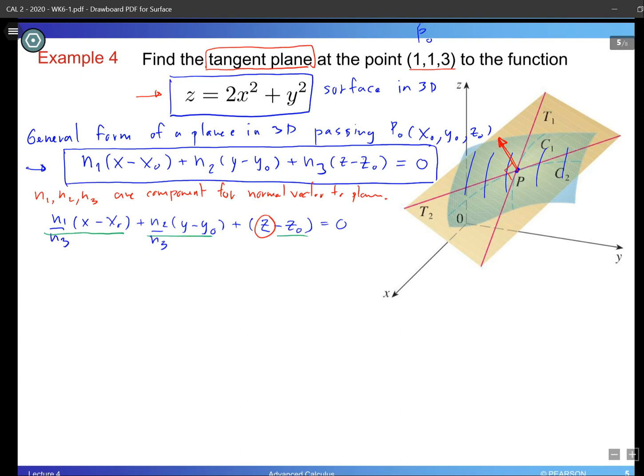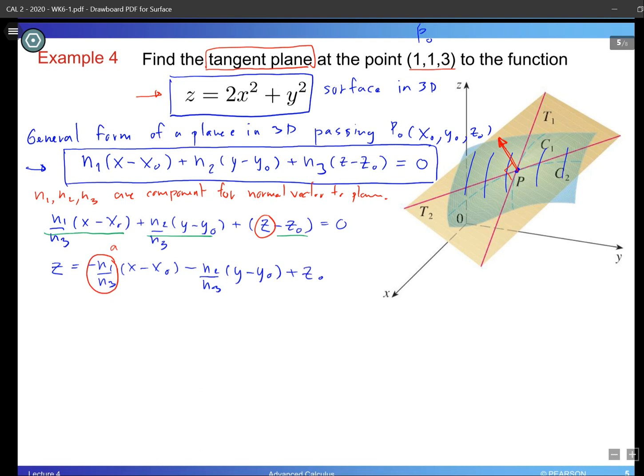So in the end, I am going to get this z equal to minus n1 over n3, x minus x0, minus n2 over n3, y minus y0. And then I move this minus z0 to the other side. This becomes plus z0.